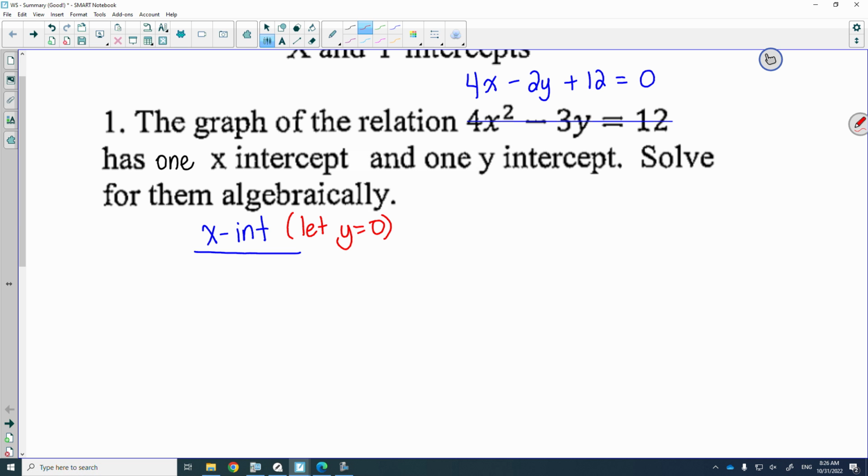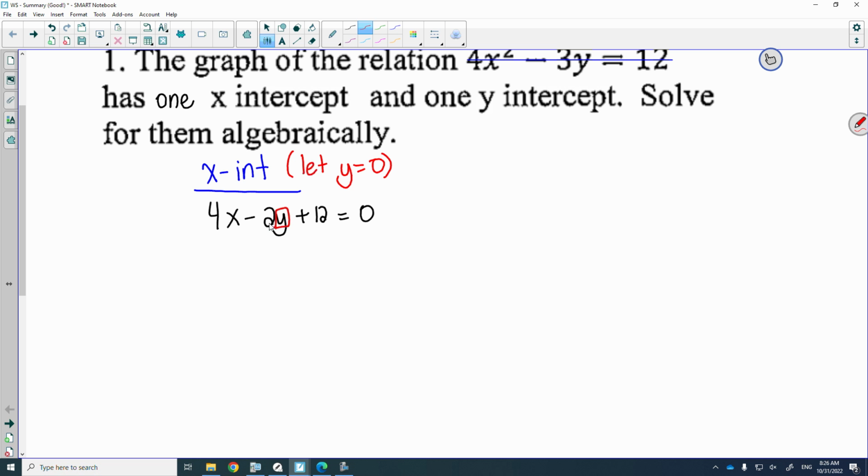First step in algebraic work is always writing what the equation is. So the equation is 4x minus 2y plus 12 is equal to 0. We're solving the x-intercept, so I'm just going to box in y, and I'm going to rewrite this, and put in 0 for y.